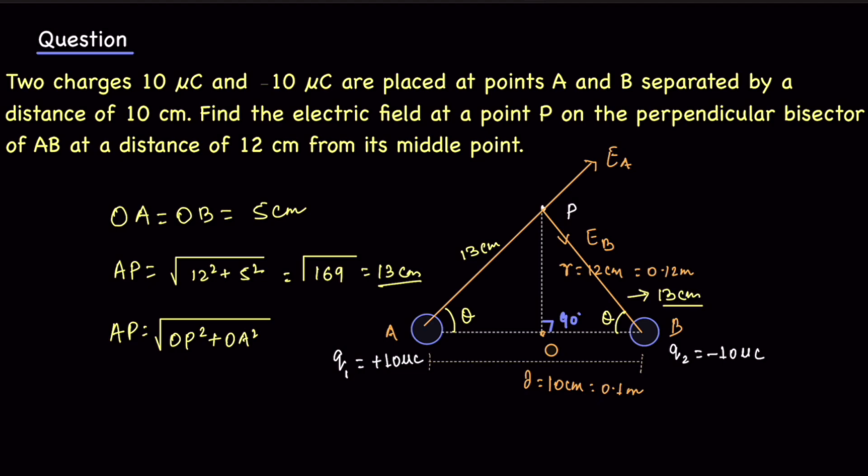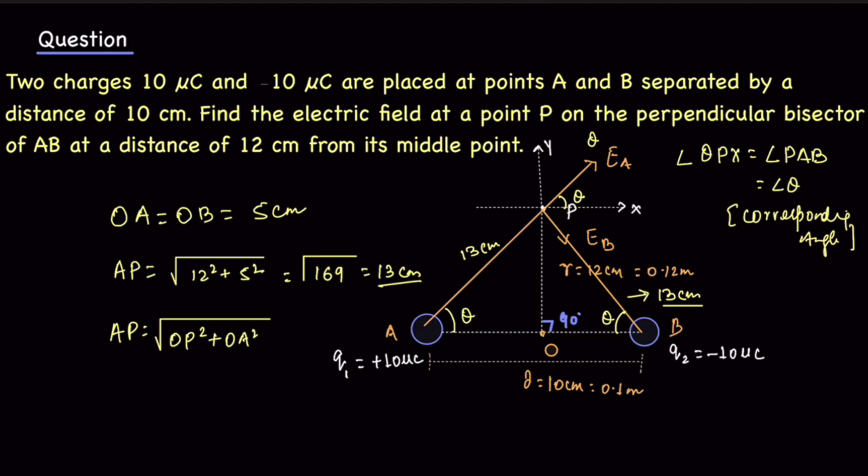Now we have to find the resultant electric field acting at point P. To find it, we can make the components of EA and EB. So this is our x-axis and y-axis. This angle is our theta. Why? Because angle QPX will be equal to angle PAB, because of corresponding angles.